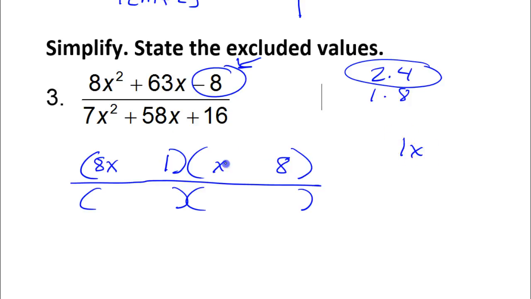Outer, I have 64x. I'm trying to get a middle of positive 63. So that means a negative 1 and a positive 64. So that's negative here and positive here. And then a negative times a positive does give me a negative for the negative 8. So this is now factored correctly.